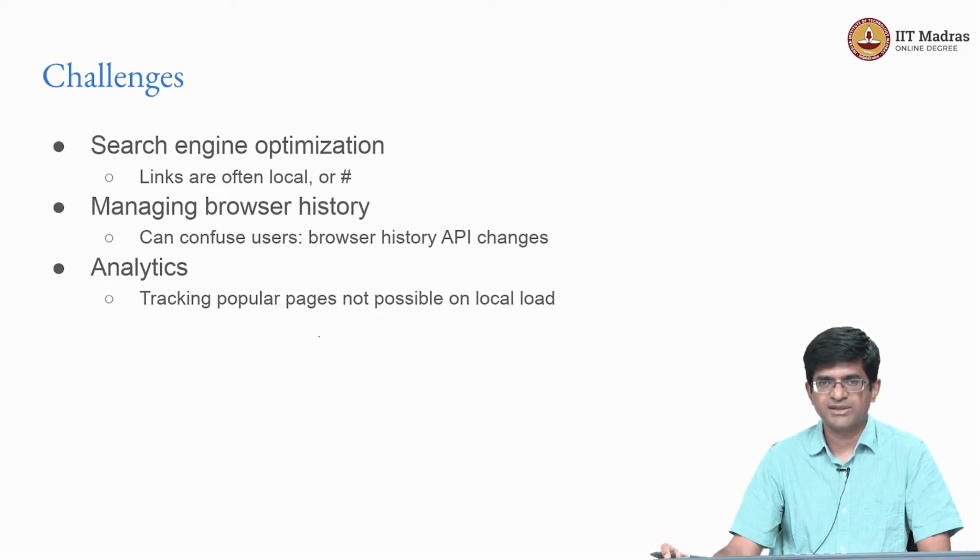Especially when a person clicks through, right, or the web crawler is looking at your page, it's not really seeing all the different links, because crawlers usually don't run JavaScript. They are just looking at the HTML of the page and deciding where to go next. So it's quite likely they will not go through all the router links and decide which ones to look at one after the other, okay?